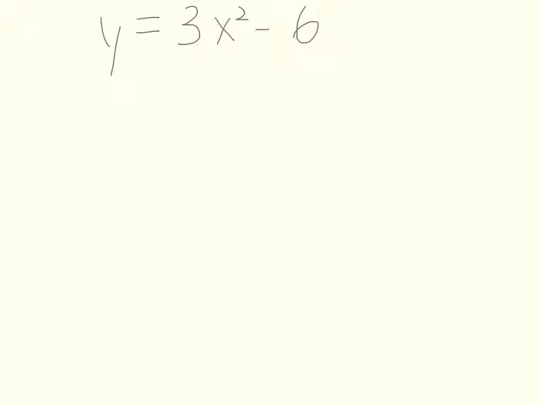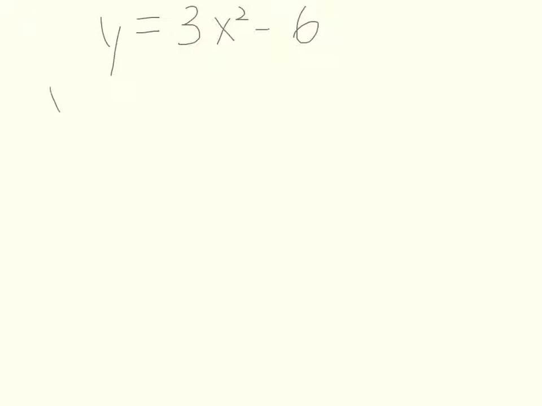So, as we said in the previous video, the x-intercept is when y equals 0, and the y-intercept is when x equals 0. Therefore, if you were to find the y-intercept, you would set x equal to 0.